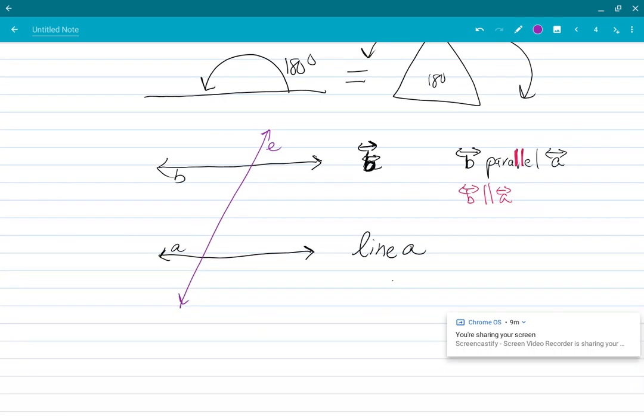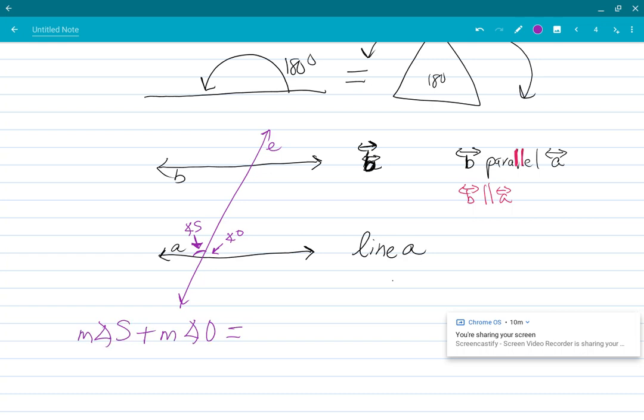So, let's call this angle right here angle S. And we're going to call this angle here angle O. By the way, what is the measure of angle S plus the measure of angle O?